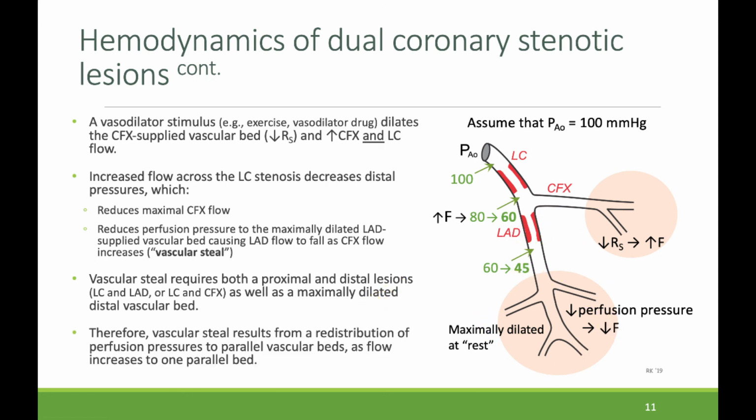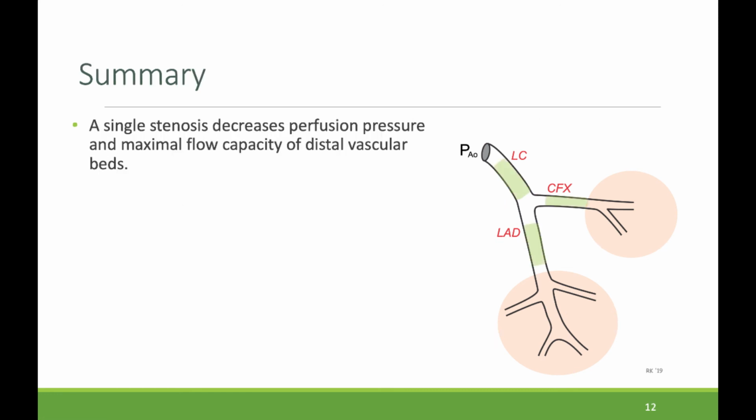Furthermore, vascular steal results from a redistribution of pressures that occur between parallel vascular elements, so that as flow increases in one vascular bed, it reduces the perfusion pressure to another vascular bed, and because it's maximally dilated, it causes its flow to fall.